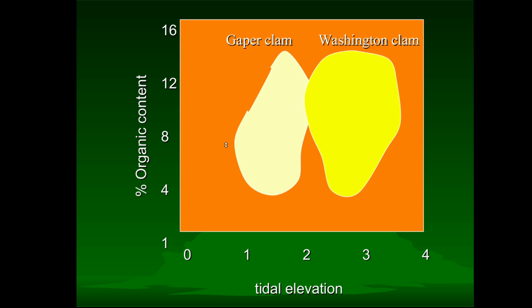So, niches are not distributed at random. They tend to overlap each other less than would be expected by chance. This is explainable on the basis of competition and predation. For example, a superior competitor might eliminate the inferior competitor over some region of the common fundamental niche. And this reduces the amount of niche overlap. And we'll talk about this more in the context of competition and competitive divergence.